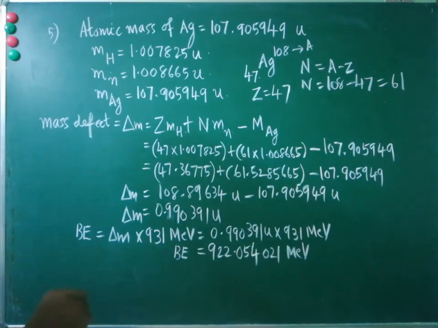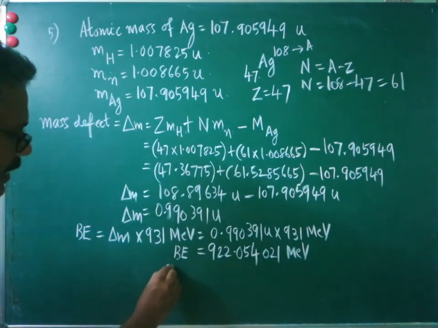Binding energy per nucleon is the next factor to be calculated. What is binding energy per nucleon? Now we are going to calculate the contribution of each nucleon, either proton or neutron. How much energy is contributed by each nucleon while combining to form the nucleus?